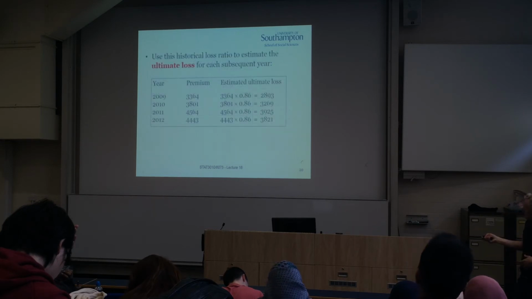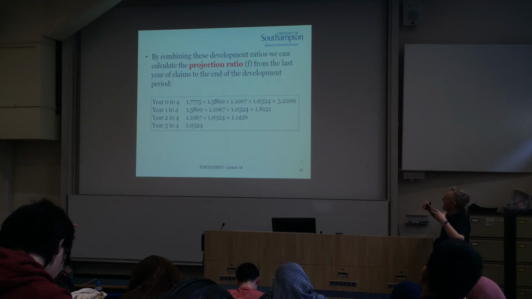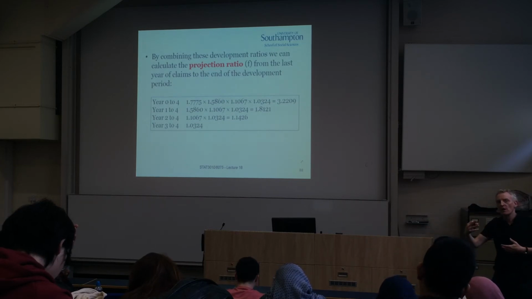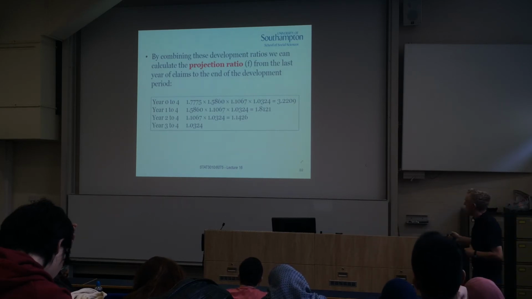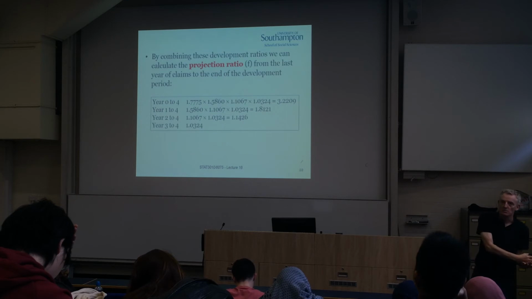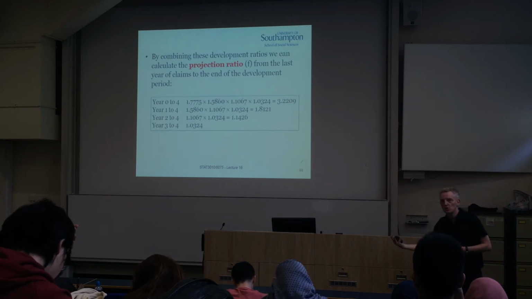You invert these projection ratios to tell you what proportion of the claims you've already seen, and therefore what proportion of the claims are left to emerge. So you take 1 over f, 1 over this projection ratio, and that gives you the proportion that has emerged. 1 minus 1 divided by f gives you the proportion left to emerge.